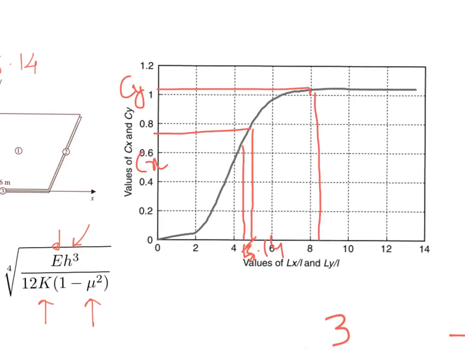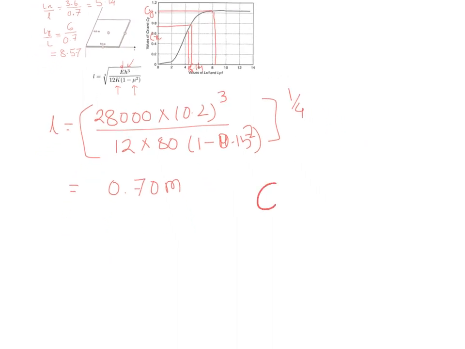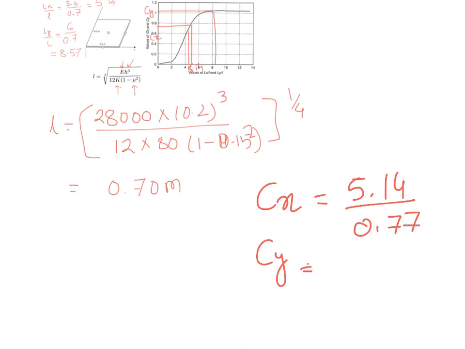So approximately let's quote this value. Let's take Cx and Cy as 5.14 corresponding value, that comes out to be 0.77, and Cy value corresponding to 8.57, that comes out to be 1.07.